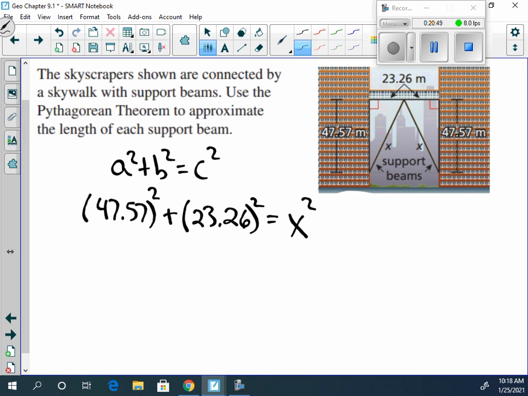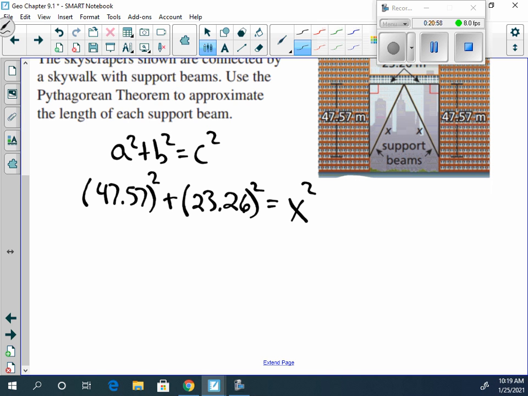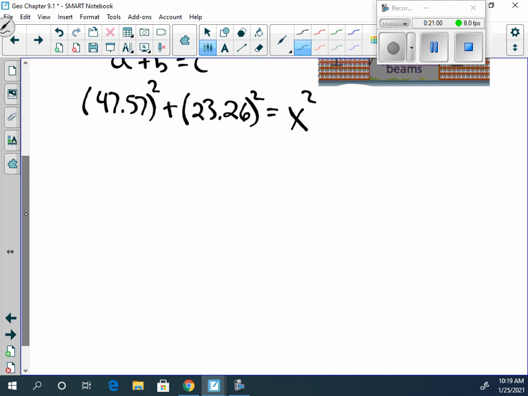So 47.57 squared plus 23.26 squared is going to give us what? Well, at this point here, we can just type this into the calculator, yes? Because two numbers, they work together.